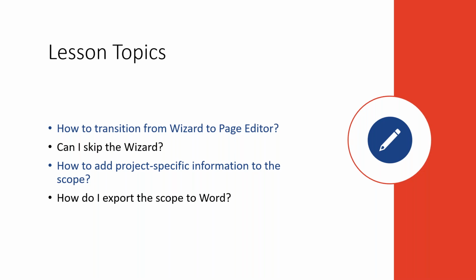And once you've started that scope in the wizard, you can toggle it and go to the page view. And I'll show you where that is so you can see that. And how to add the project specific information to the scope that wasn't filled out in the wizard. I'll show you that, and how to export the scope to Word.